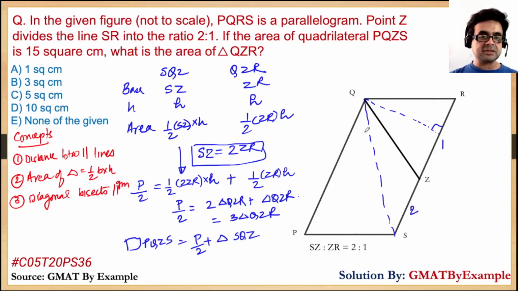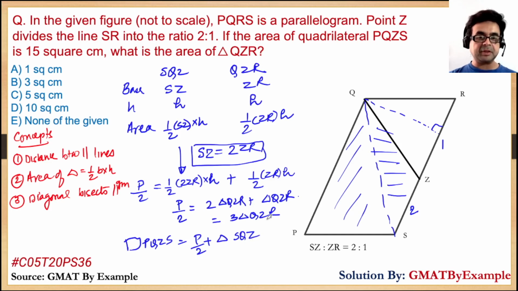PQZS can be written as half the parallelogram, which is this area, plus the area of triangle QZS, which I have written here. I already calculated P by 2 to be 3 times QZR. So let me write that as is. And I also know that the area of triangle QZS is equal to 2 times QZR.